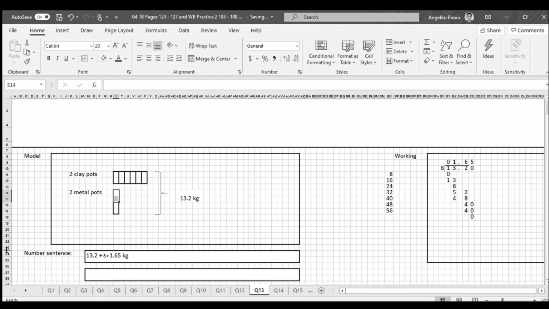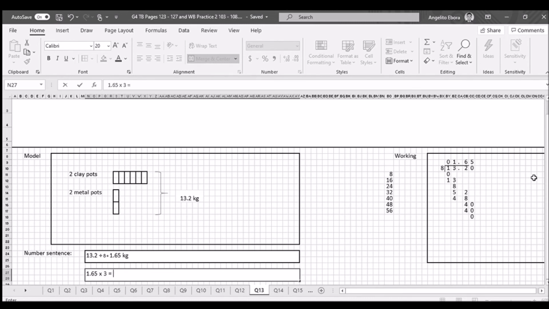Now we can find what was the mass of a clay pot. This one is one clay pot, right? So there are 3 units, so 1.65 times 3.